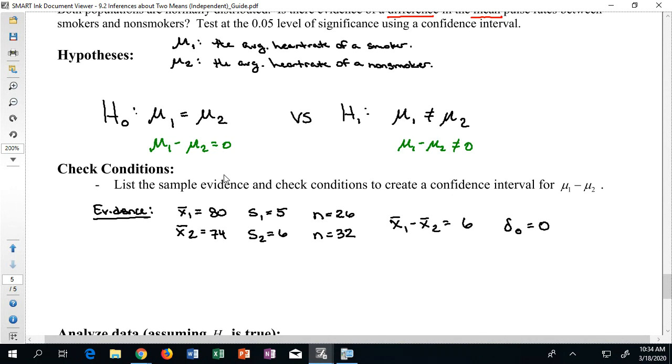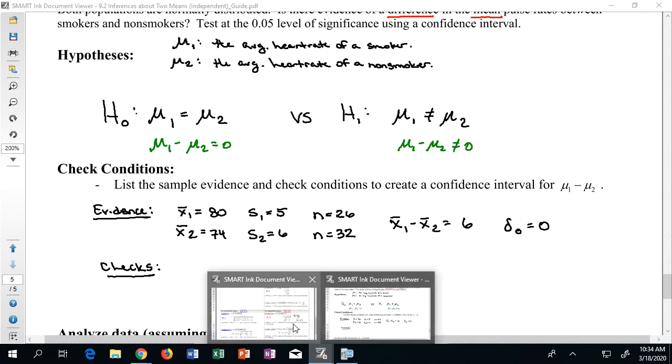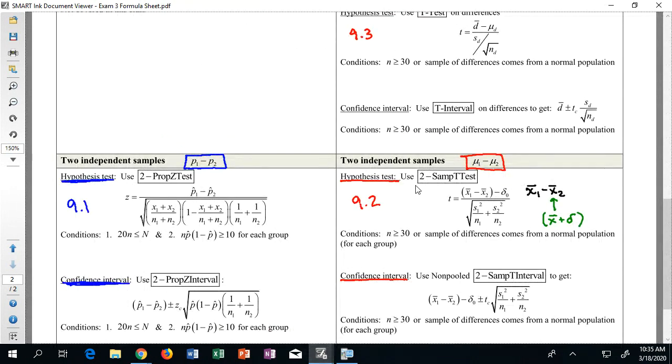Okay, I'm going to have to check my conditions to build my confidence interval. I can go check the formula sheet to see what those conditions actually are. So really quickly, if I move to the formula sheet, I can see that underneath my confidence interval step, I have conditions. n should be greater than or equal to 30, or sample differences come from a normal population for each group.